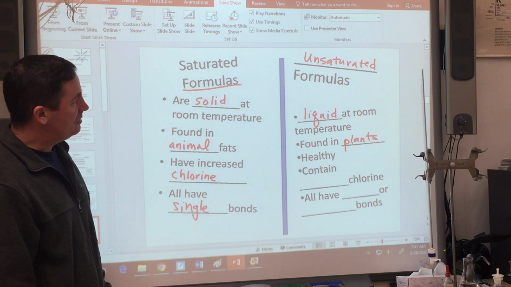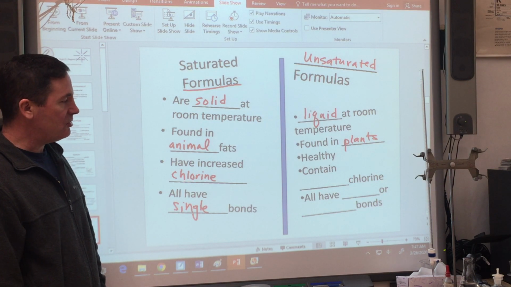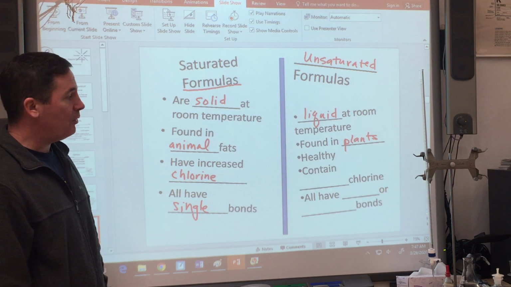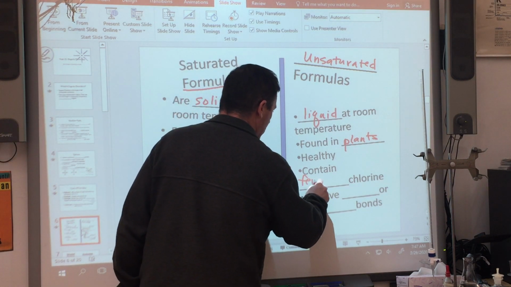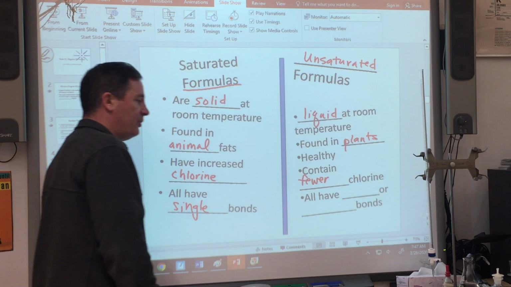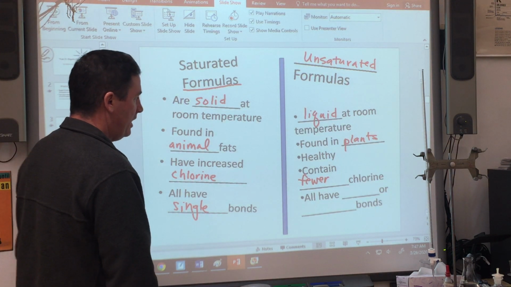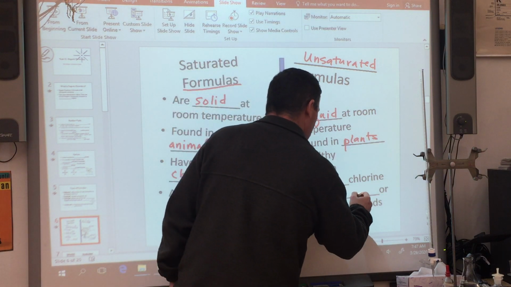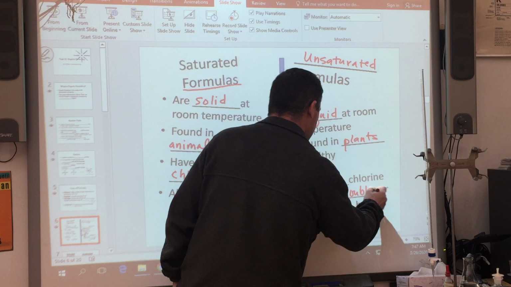Plant-based unsaturated oils, polyunsaturated or completely unsaturated oils, tend to be healthier for you. These tend to have fewer chlorine molecules associated with them, and unsaturated have double or triple bonds.